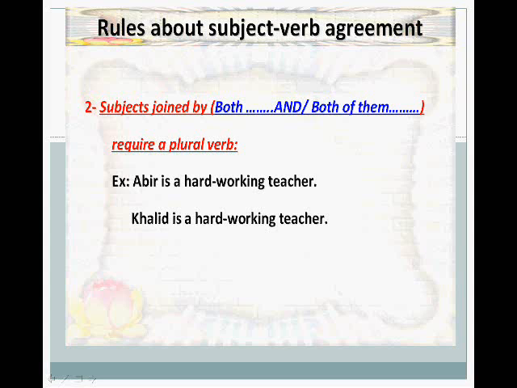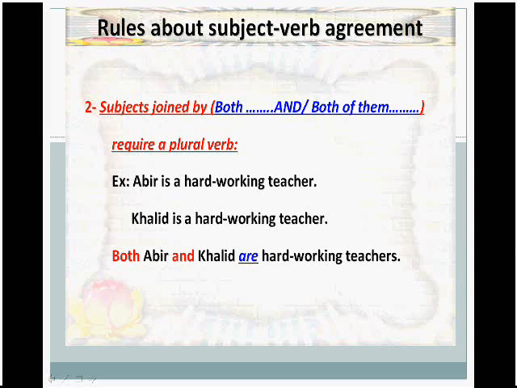Remember the first rule we talked about? If I have a singular subject, then I should have a singular verb. If I rewrite these two sentences and use both and, then it will be like this: both Abir and Khalid are hard-working teachers.